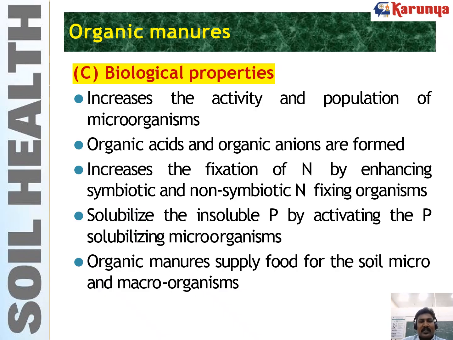Also nitrogen fixation will happen when you apply organic manure rather than going alone with inorganic fertilizer, and the phosphorus content will get solubilized. This organic manure also supplies food for macroorganisms for their better growth and activity.